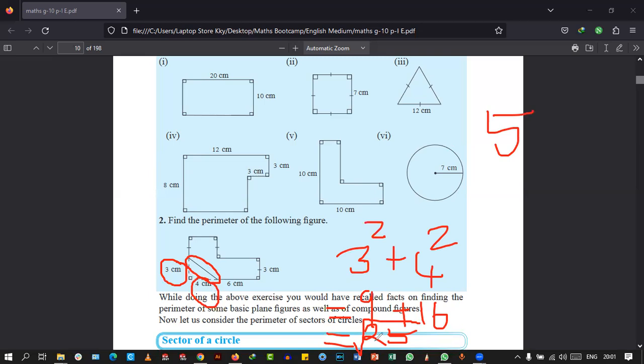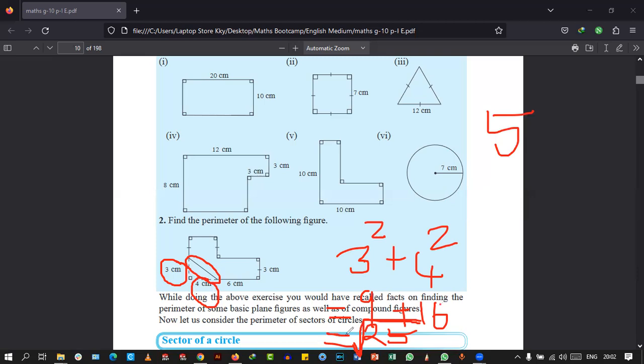Why? Can you explain why I cannot write like this? I cannot put this mark over here. Why? Because 9 plus 16 will be equal to 25.